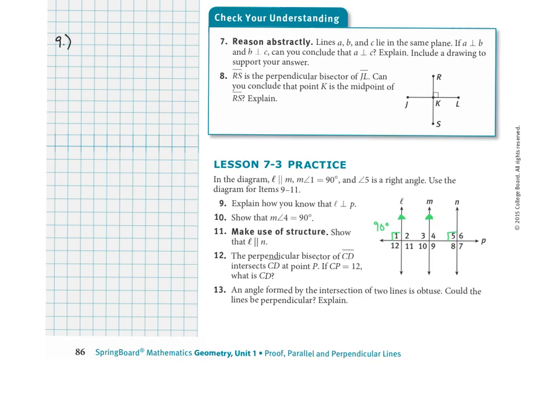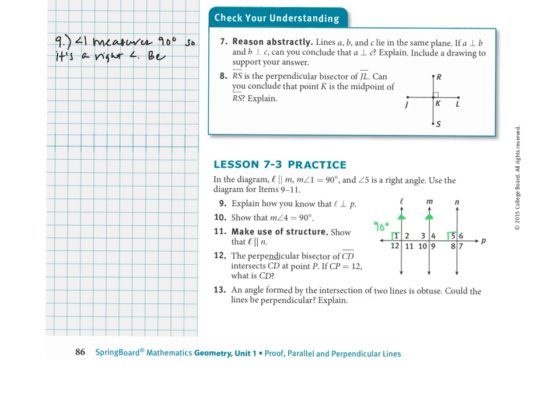Well, think about this. We know the measure of angle 1. Angle 1 measures 90 degrees, so it is a right angle. Because lines L and P intersect to form a right angle, then they are perpendicular. So let's start off writing that. So we know angle 1 measures 90 degrees, so it's a right angle.